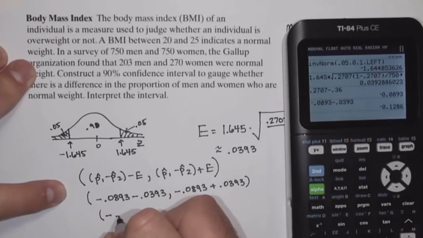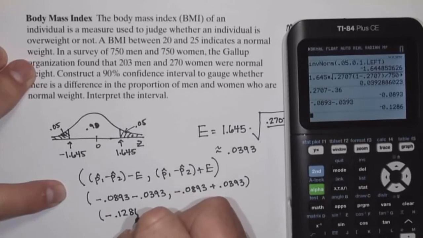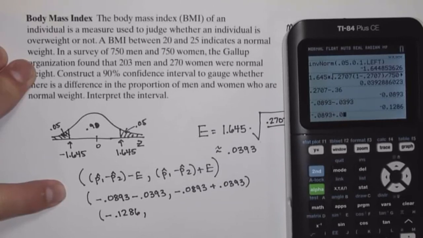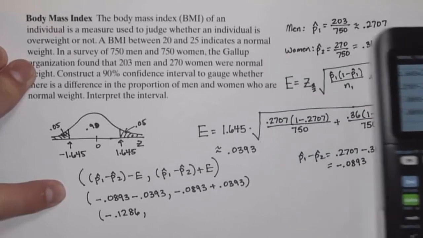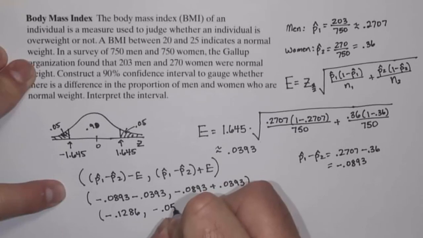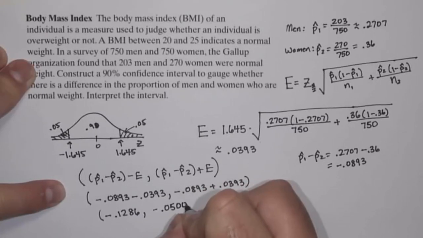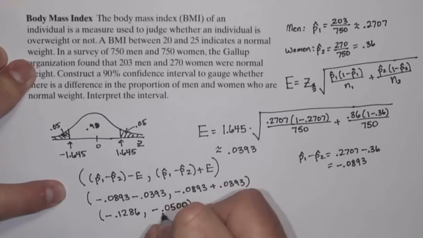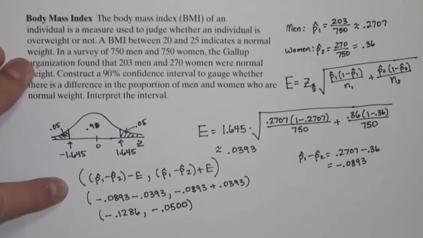So this is negative 0.1286 to negative 0.0893 plus 0.0393 is negative 0.05. So negative 0.05, and I'm going to go ahead and say 00 to keep that to 4 places like I have for the lower limit.